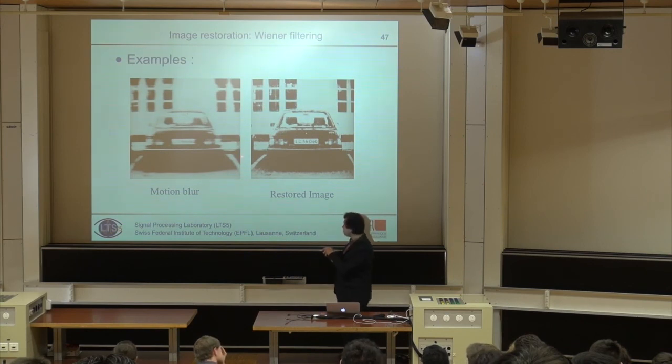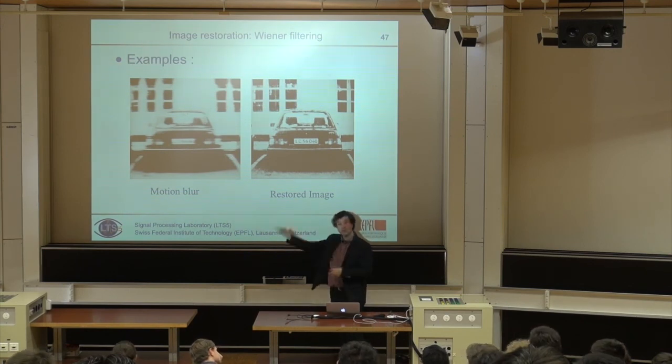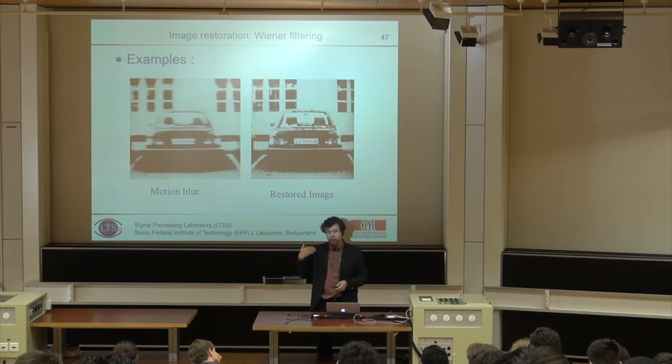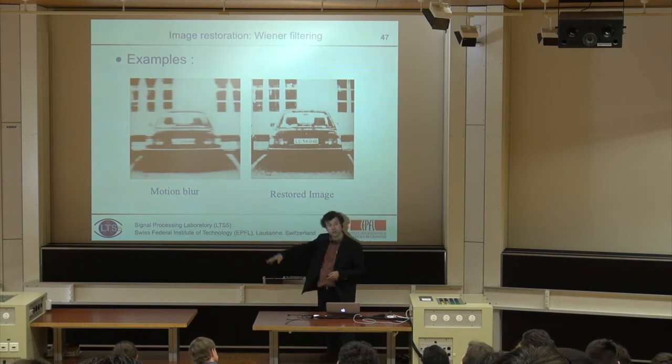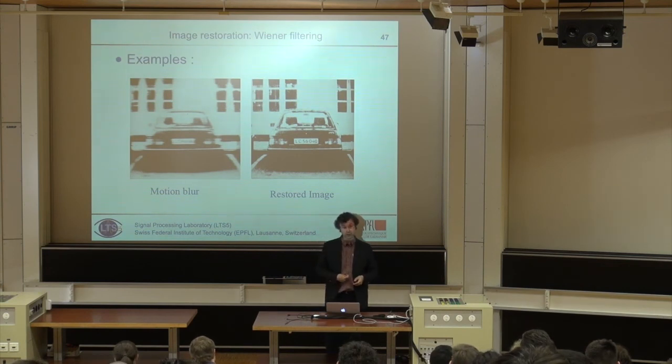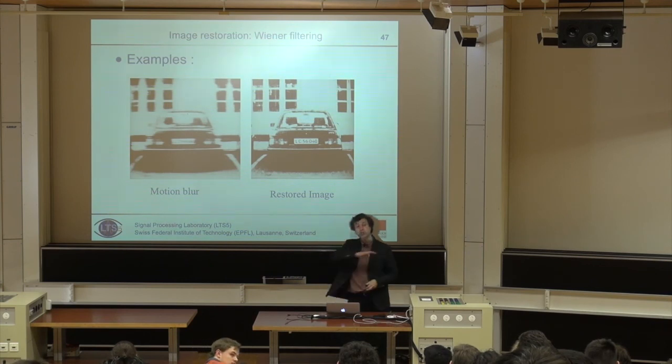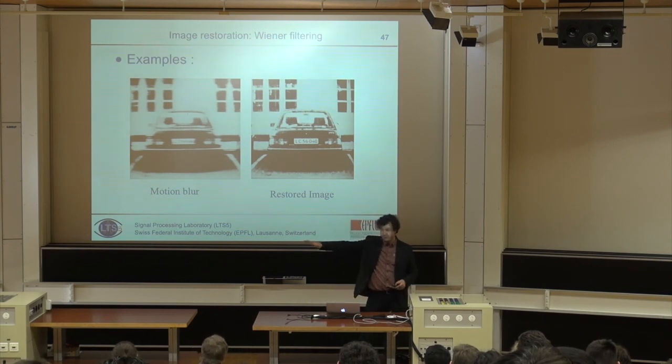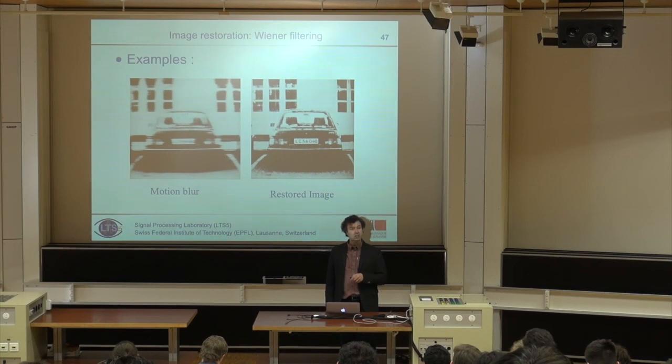So now take a patch here, remove the mean, remove the white, and the rest will be the noise. Take the Fourier transform of that little patch, squared, and you have your estimate of the power spectrum of the noise. So you take a patch where you know that it should be uniform, and if it's not uniform, this is because of the noise.